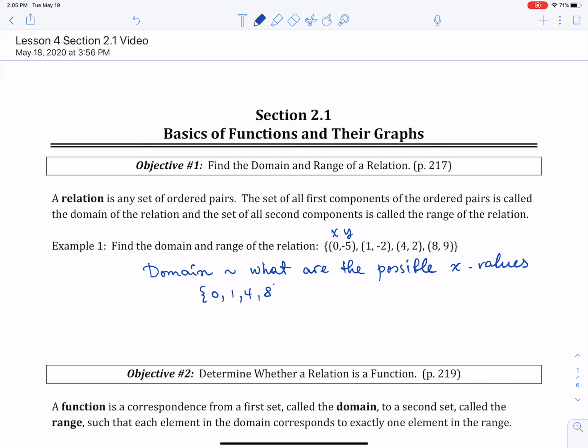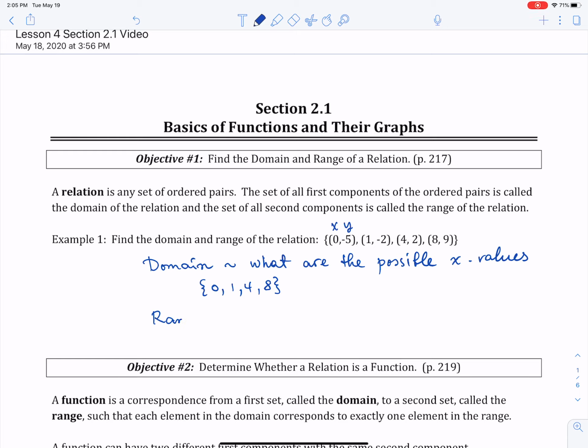The next question is, what is the range? In a range, that is, what are the resulting y values?